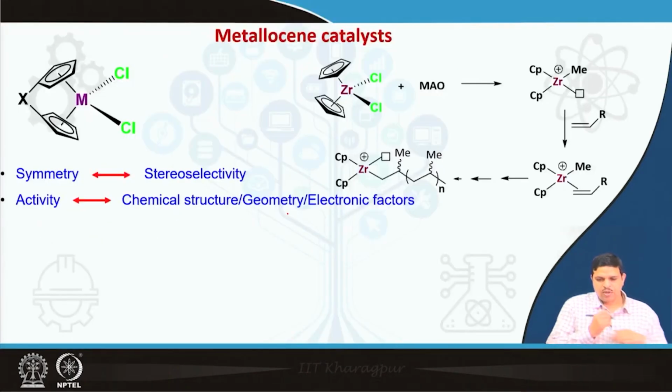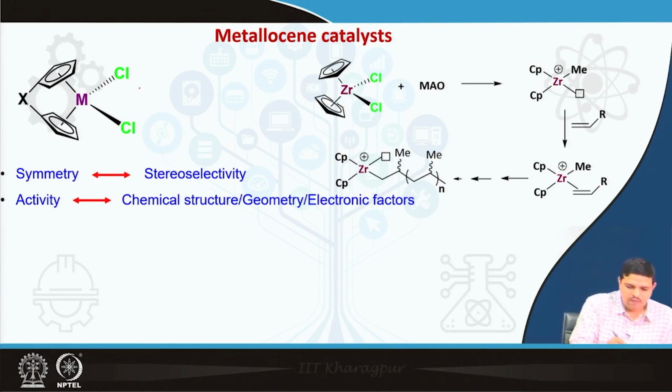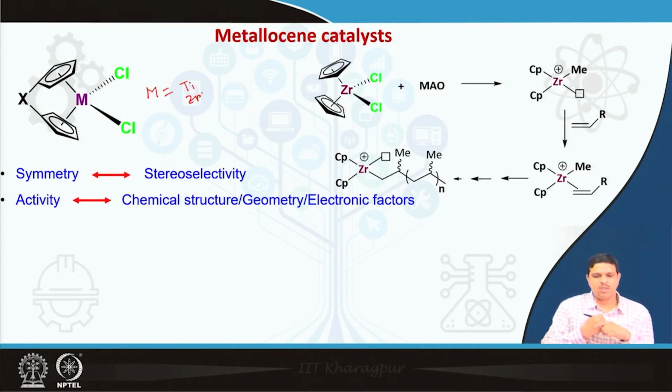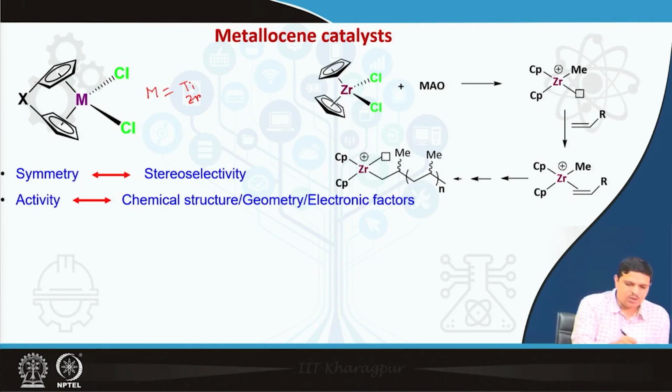So let's start. As I told just a few minutes back, we are now very familiar with this kind of metallocene catalyst, where the metal is basically titanium or zirconium, in the plus 4 oxidation state, and you see here different bridging units will be there.